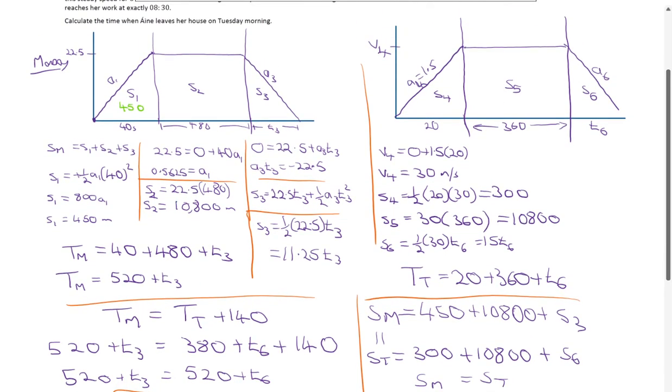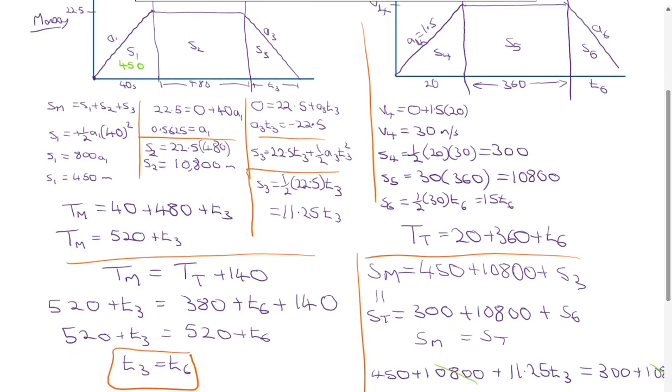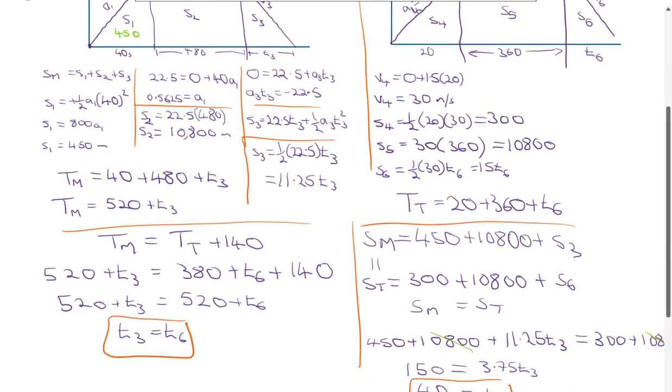So where are the marks got? So you get 5 marks for getting SM and TM, and 5 marks for getting ST and TT. So how do we write this down?